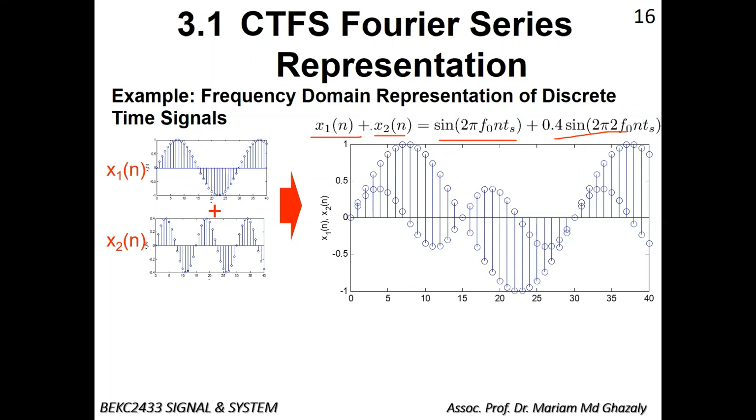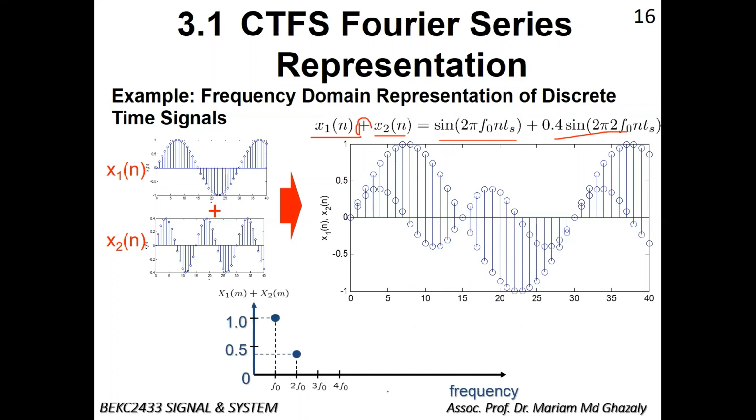We combine them by adding them up. Then you will have the coefficients for the Fourier series as 1 at f naught and 0.4 at 2f naught.